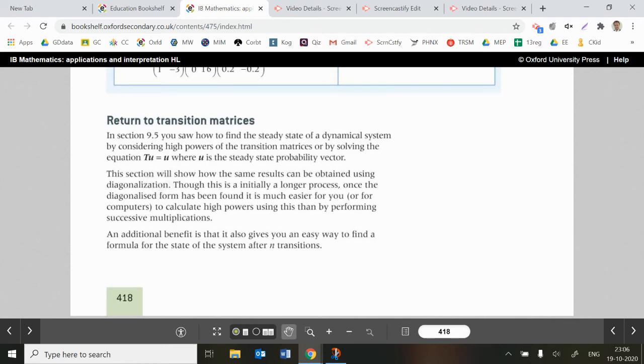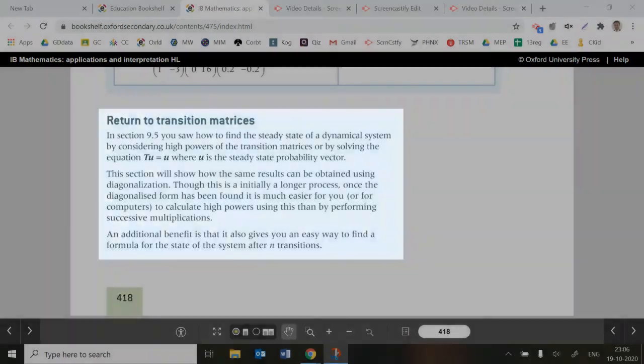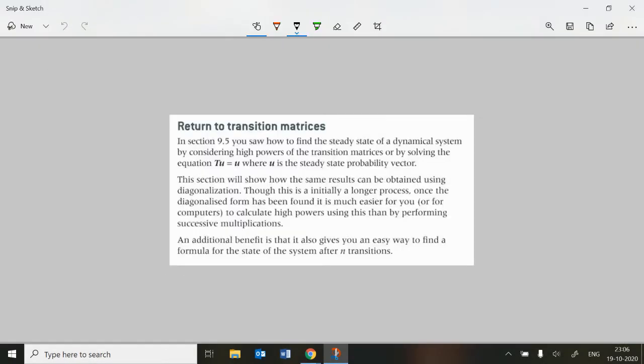Right, okay, so let's just take this thing here, just to show you what they're talking about. They're saying T applied to u gives us u. So if we've already got our steady state vector and we apply T one more time to it, we'll still get the steady state vector.